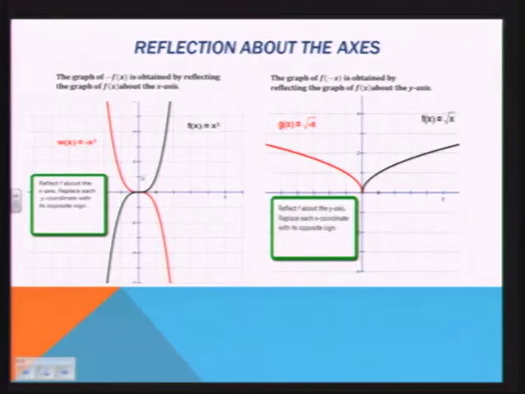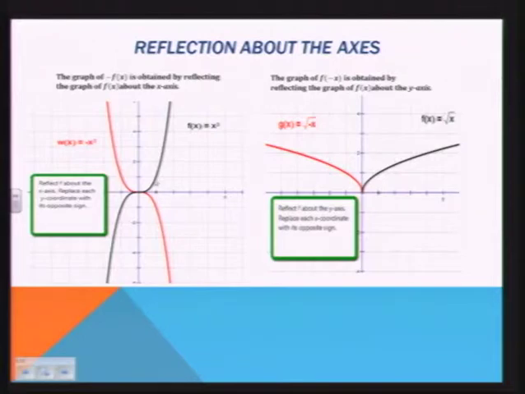So, as I mentioned earlier, we will be always starting or deriving our graphs from our common function or our parent function, which in this case is f of x equals x cubed. As you will note, when we reflect f about the x-axis, you must replace each y-coordinate with its opposite sign.